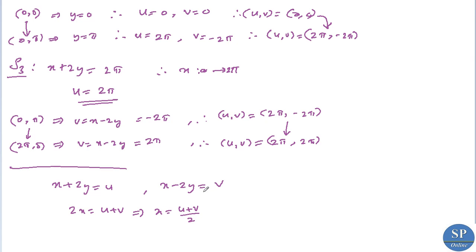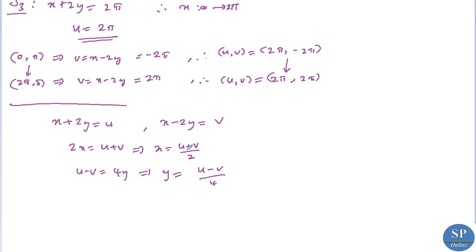And subtracting the second one from the first one, we get u minus v is equal to 4y. That implies y is equal to u minus v divided by 4. That means we expressed x and y in terms of u and v.